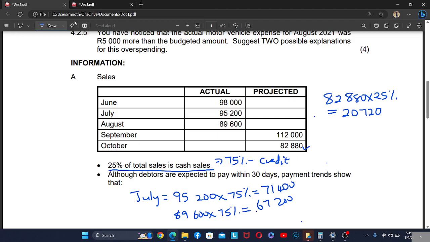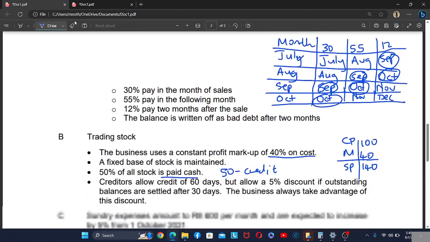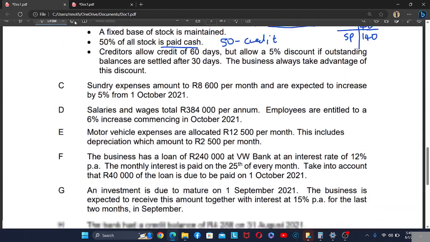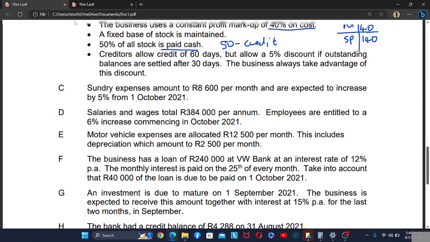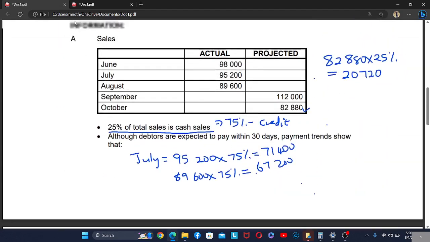So what does the fixed base stock system say? It says that whenever the business has sold or donated the trading stock, the business needs to replace that stock. So let's go and replace the stock.